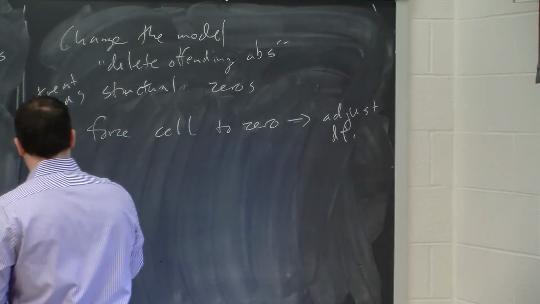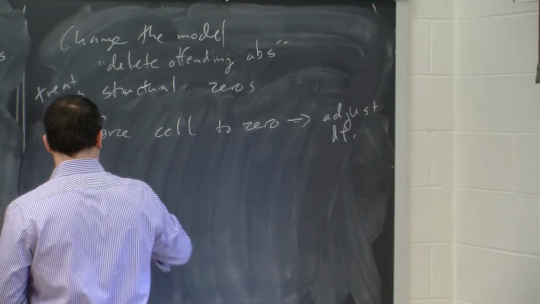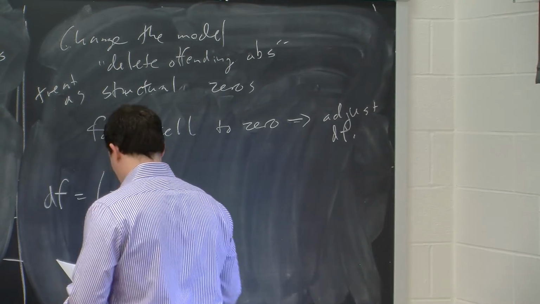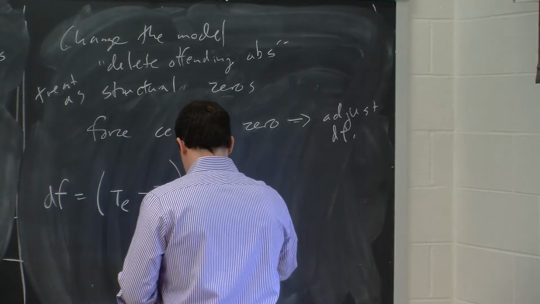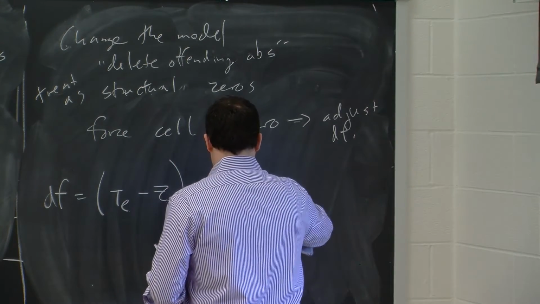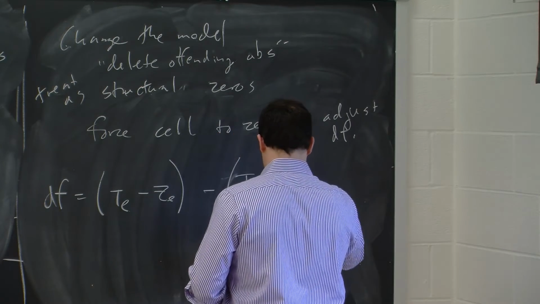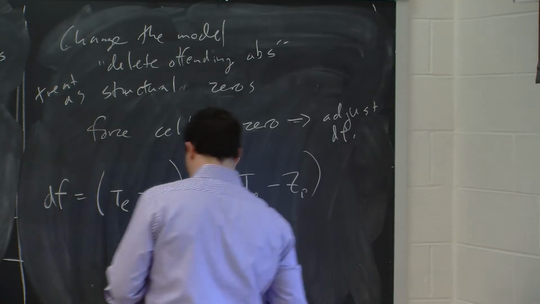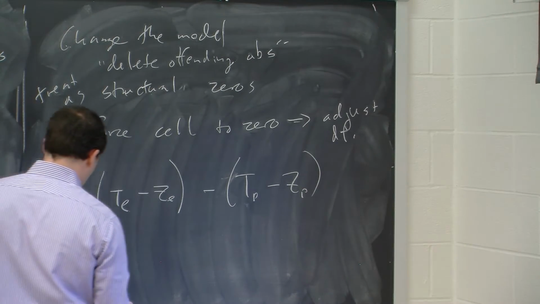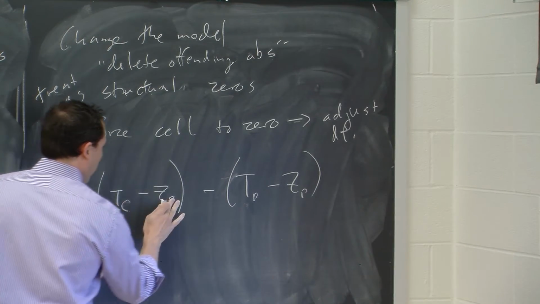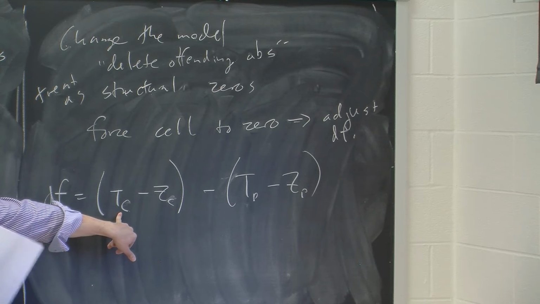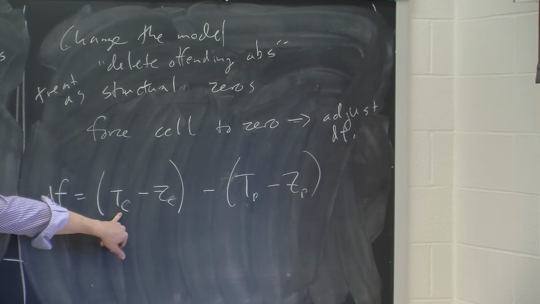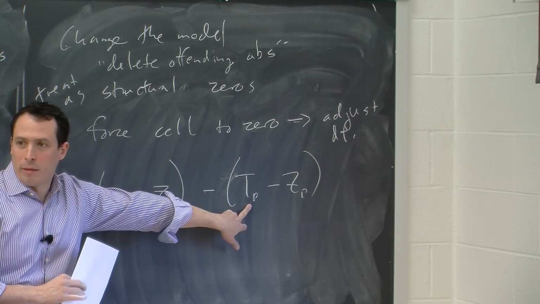Here's the adjustment. So remember, this is like a Poisson setup. Let me write this out and I'll explain what each of these terms are. The usual thing is we take the number of cells, or number of cells minus 1 if I'm including the grand total, and we subtract from that the number of parameters in the model.